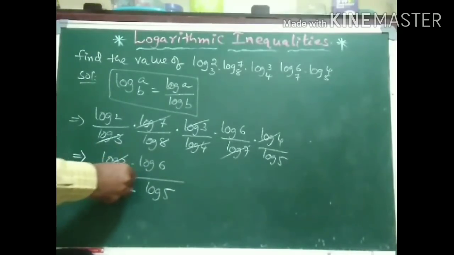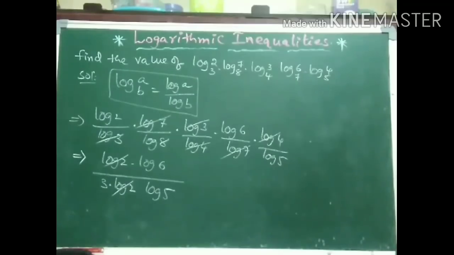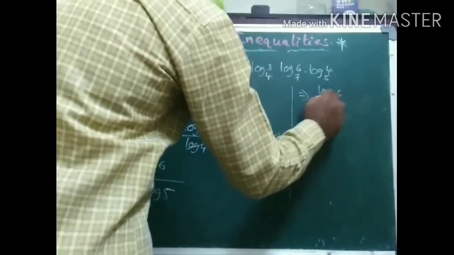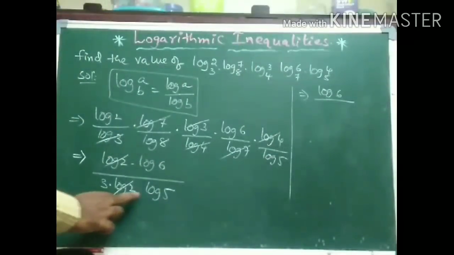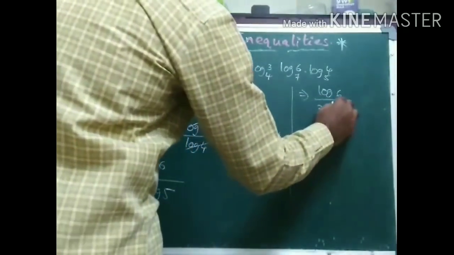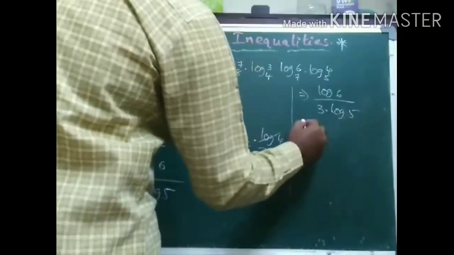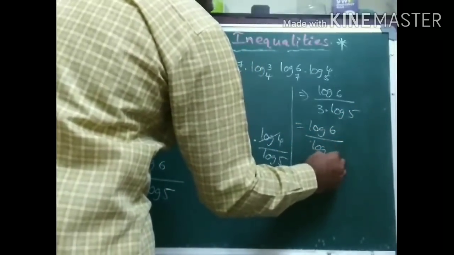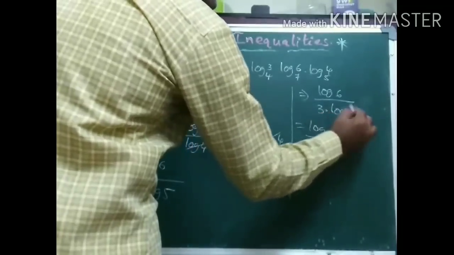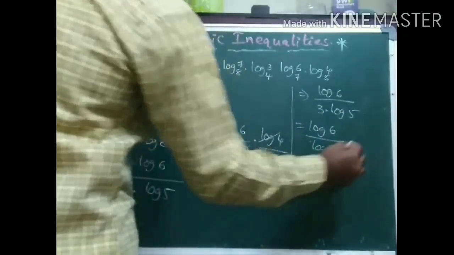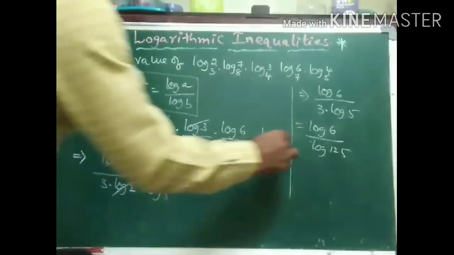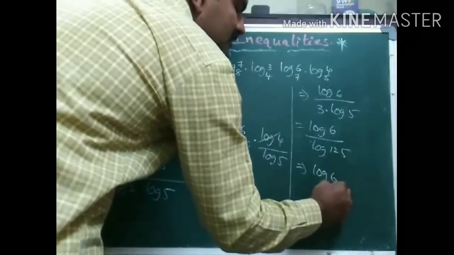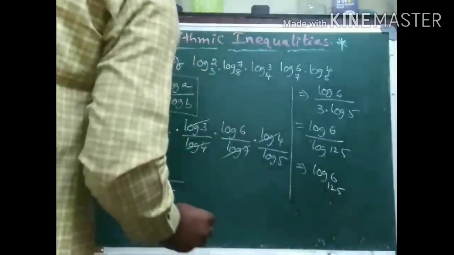So now one of the log 2 is also cancelled. Now what do we have? Log 6 by, actually we have 3 into log 5. So this is further log 6 by, I can write this as log 5 cube. Log 5 cube is 125. And now finally, can we mention it like log 6 to the base 125?